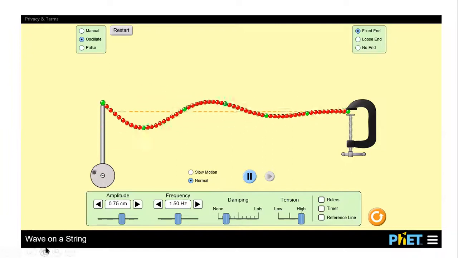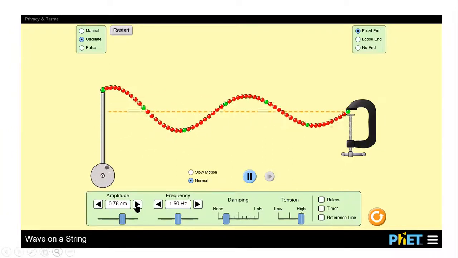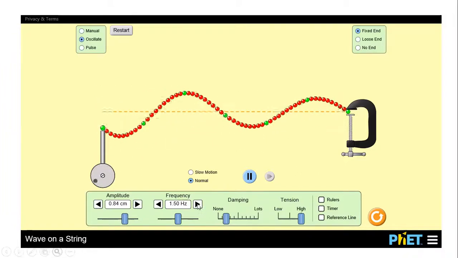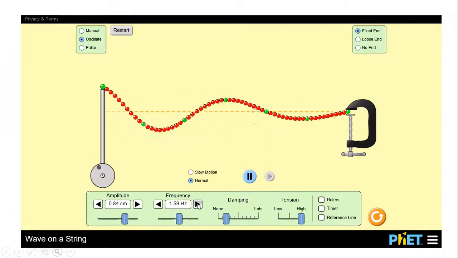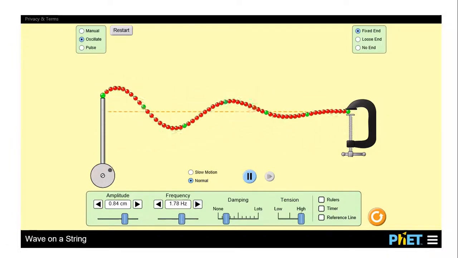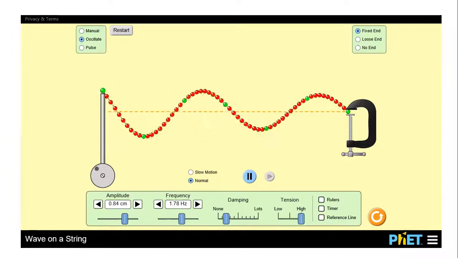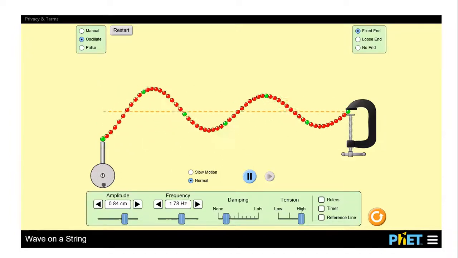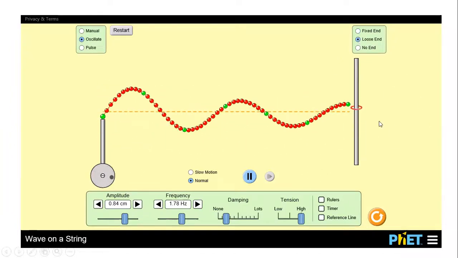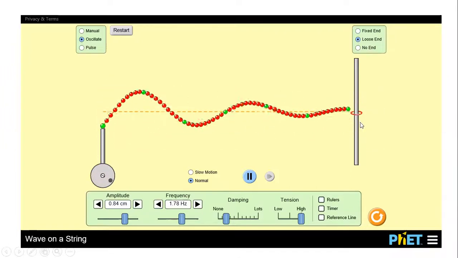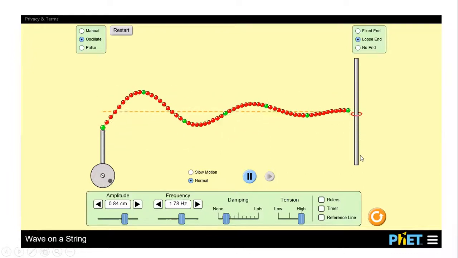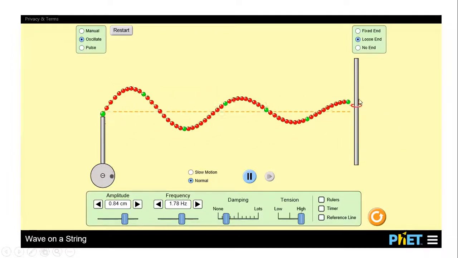You can adjust the amplitude here, you can increase the amplitude and see the pattern. Then you increase the frequency, keep on increasing the frequency, and you can see how it looks. Now if I make it a loose end, a rarer medium, as we had already discussed, a frictionless ring structure can be considered here, so there is no friction.